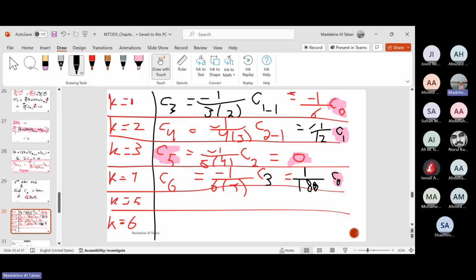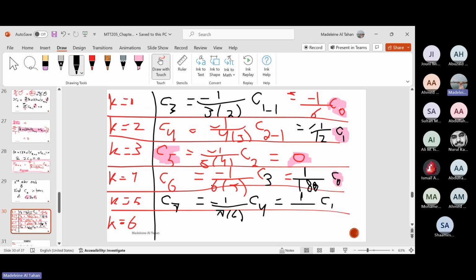At k equal 5, we will get C7 equal -1 over 7 times 6, and here C4. What's C4, miss? C4 is -1 over 12, C1. So multiply now, 7 times 6, 42, 42 times 12. What's 42 times 12, miss? 504.